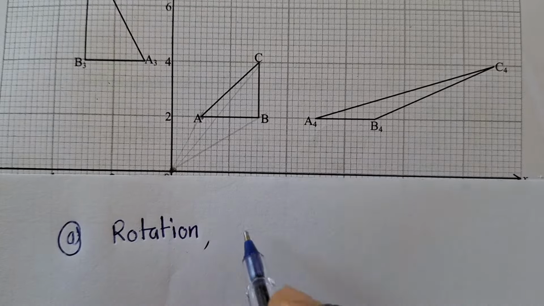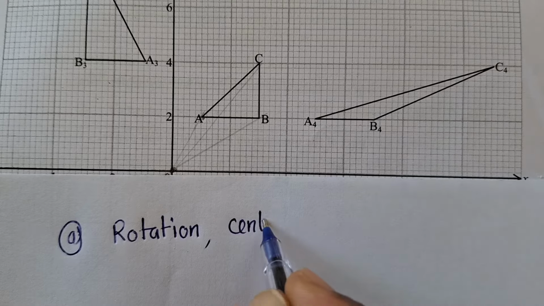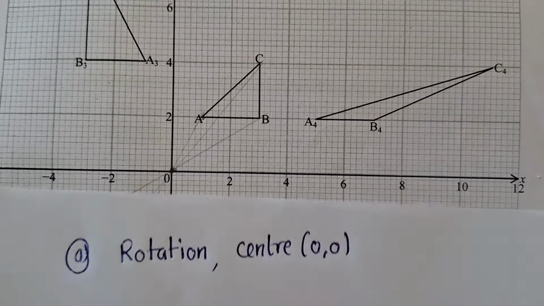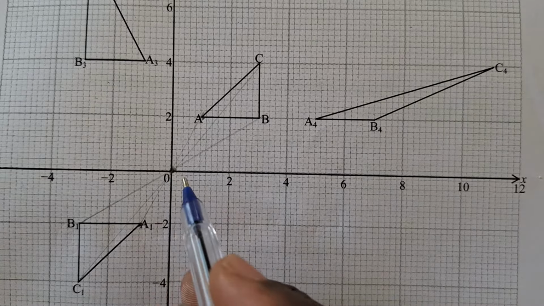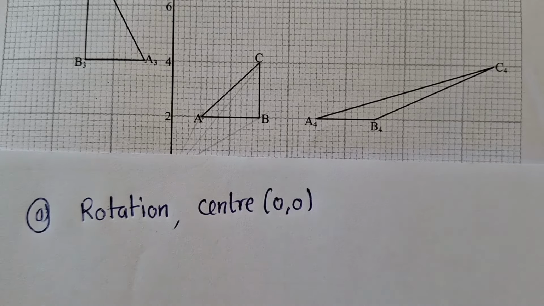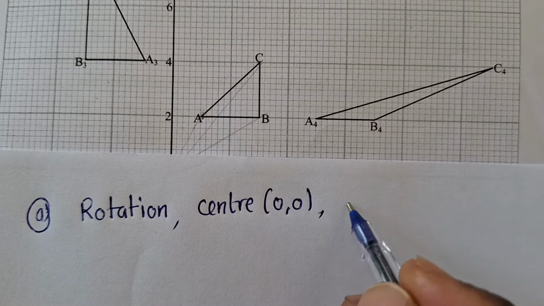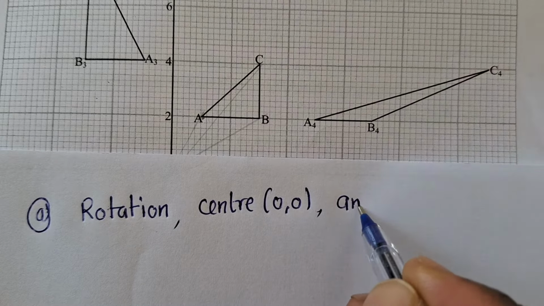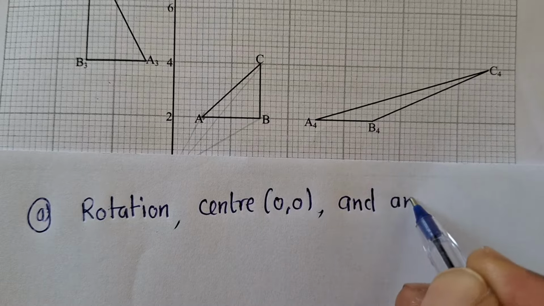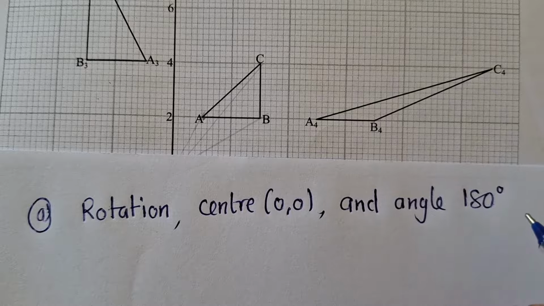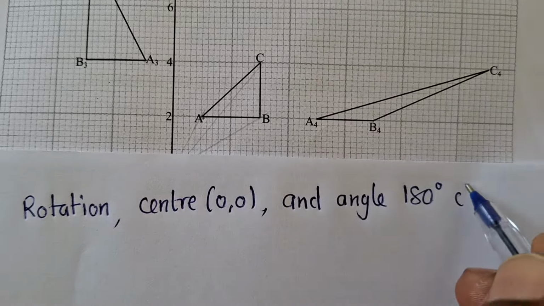Rotation, center. The center, of course, is 0, 0, where all these lines are meeting. The other thing that you need to know is the angle of rotation. The angle of rotation is 180 degrees clockwise.